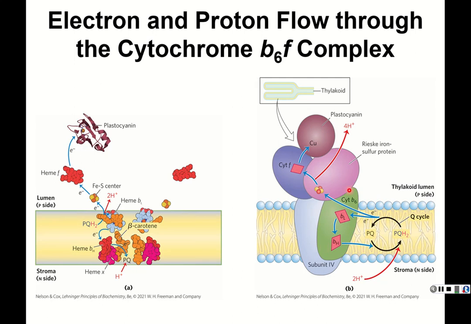So it's very similar to complex 3 in that regard. Do I care that you know this Q cycle? No. That Q cycle is more important in complex 3 in this class, but just to point out that it does have this Q cycle. And ultimately what you're doing here is taking 2 protons from the stroma side and pumping them into the thylakoid side, or lumen side.